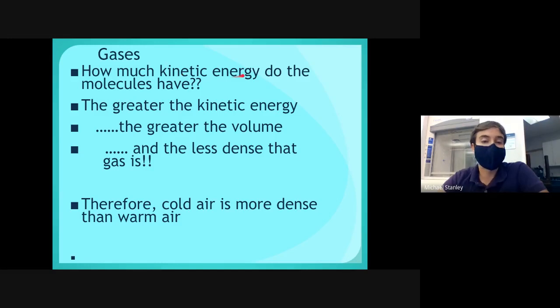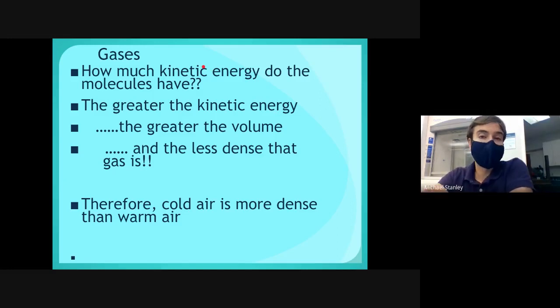So you may remember the term kinetic energy. Kinetic is all about motion. This is what we were talking about when we were talking about solids, liquids, and gases having particles that are always in movement, and how much movement the particles are doing is called their kinetic energy.